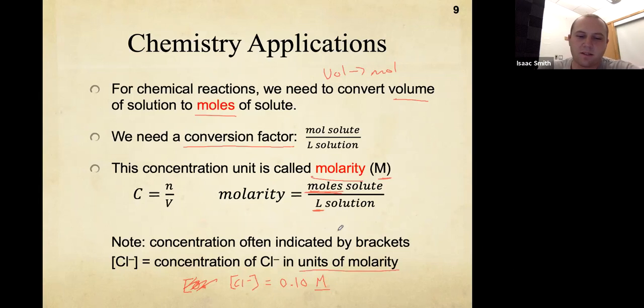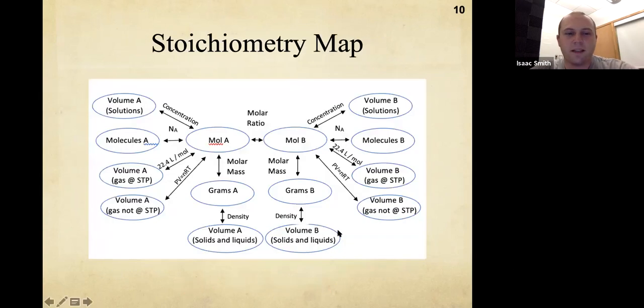That's what the brackets mean in chemistry. So going back to the stoichiometry map, we've now defined this concentration in terms of molarity. Again, that takes us from moles to volume, and that's what we're going to be using to do this conversion.